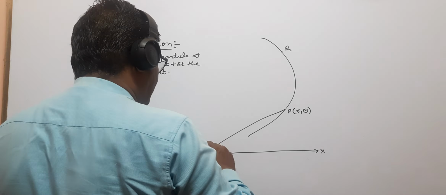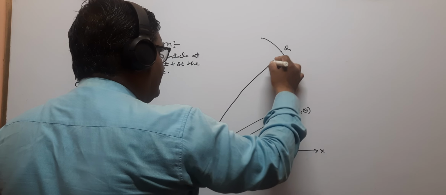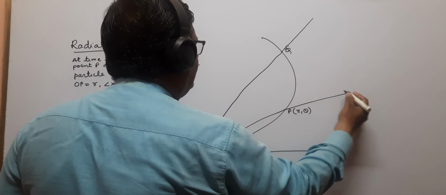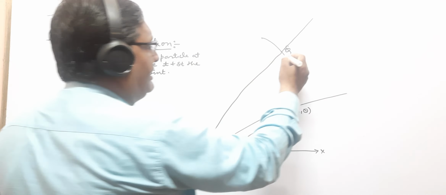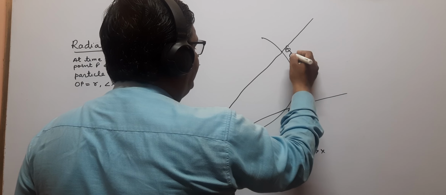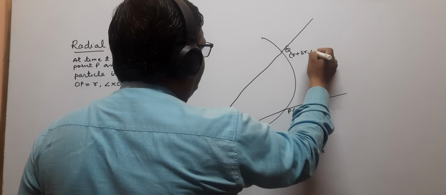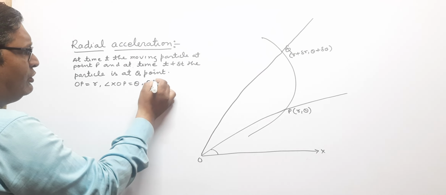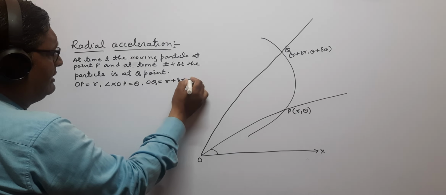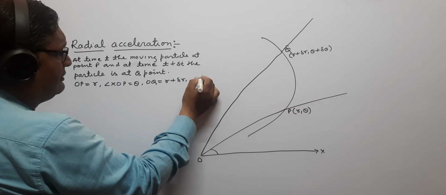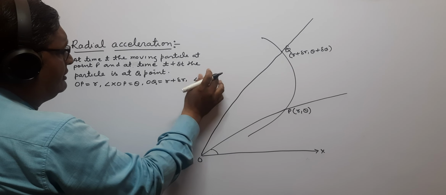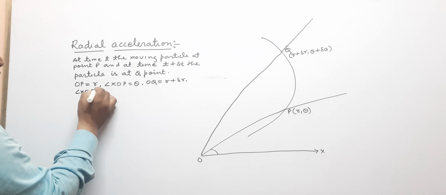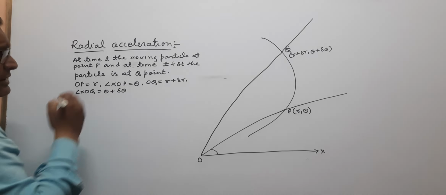Now we join O and Q. Let the polar coordinates of Q be r plus del r and theta plus del theta. So the radius vector OQ is r plus del r, and angle XOQ is equal to theta plus del theta.